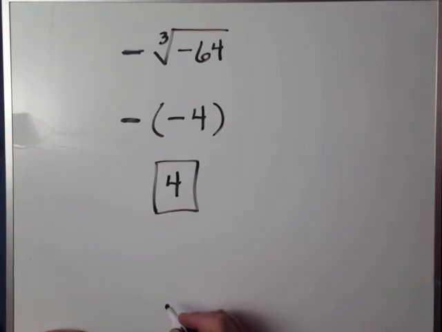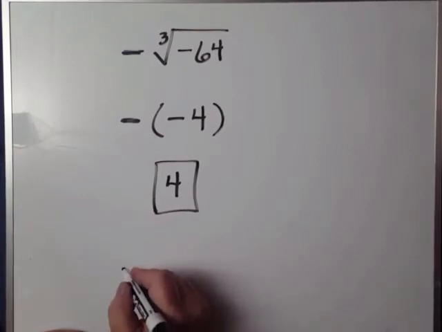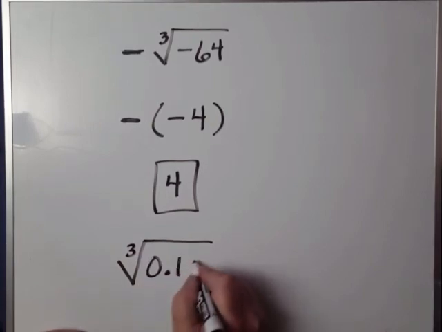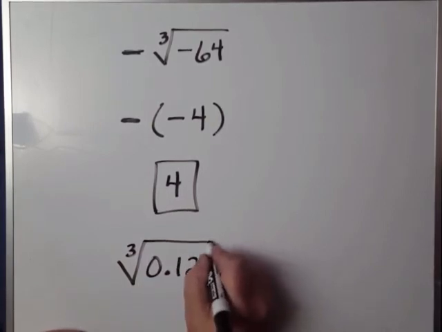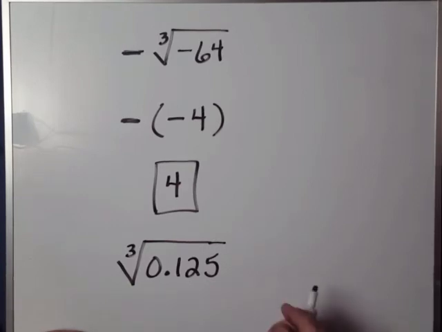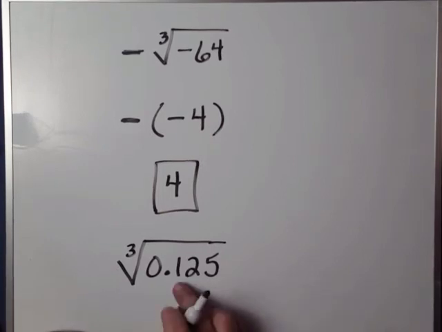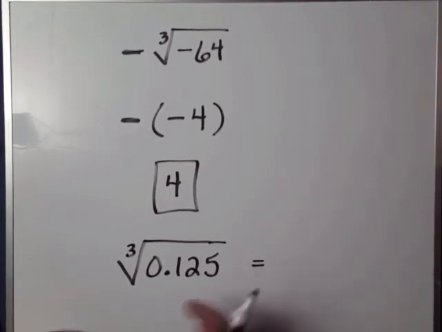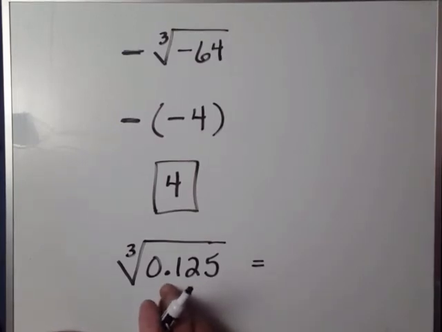And let's try number 102. The cube root of 0.125. I want something times itself 3 times. That gives me 125 and 3 decimal places. Well, if I'm multiplying something times itself 3 times, and I want 3 decimal places at the end, then the thing I'm multiplying must have 1 decimal place.